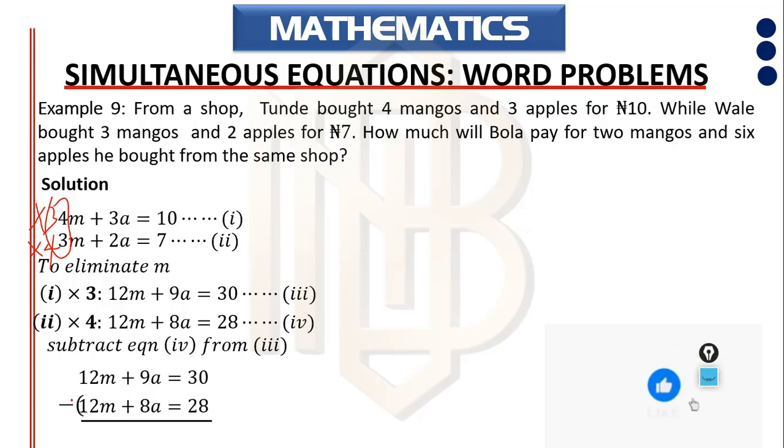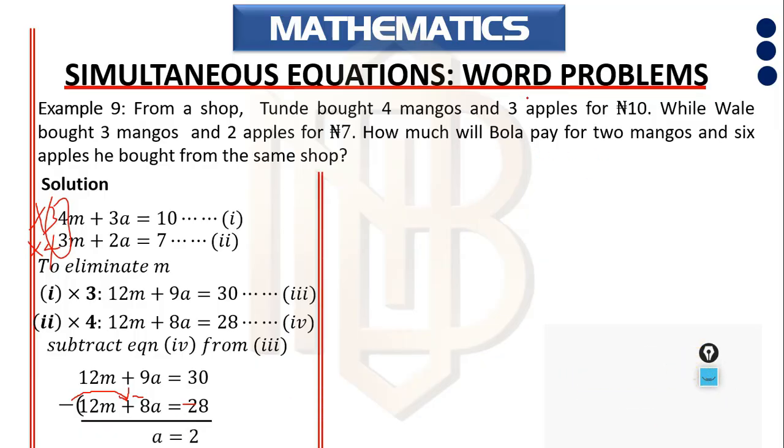Don't forget the minus cuts across everything. So minus times plus will give us minus. So that's 9A minus 8A, and the same thing will happen on the right side. So that means we have A equals 2.